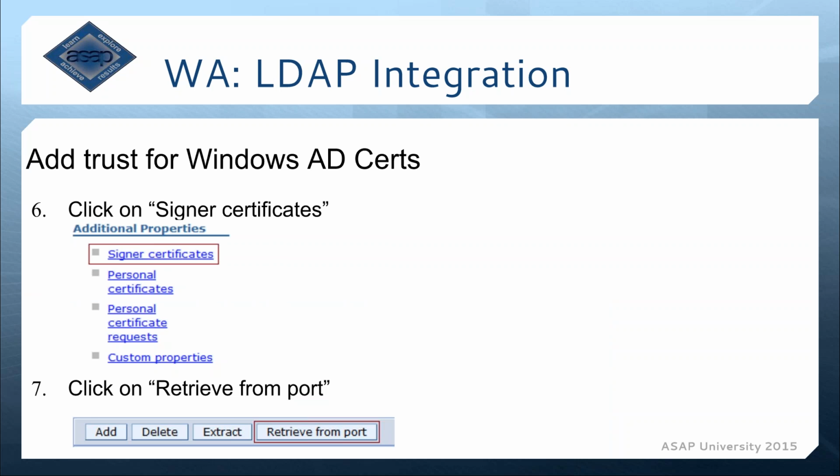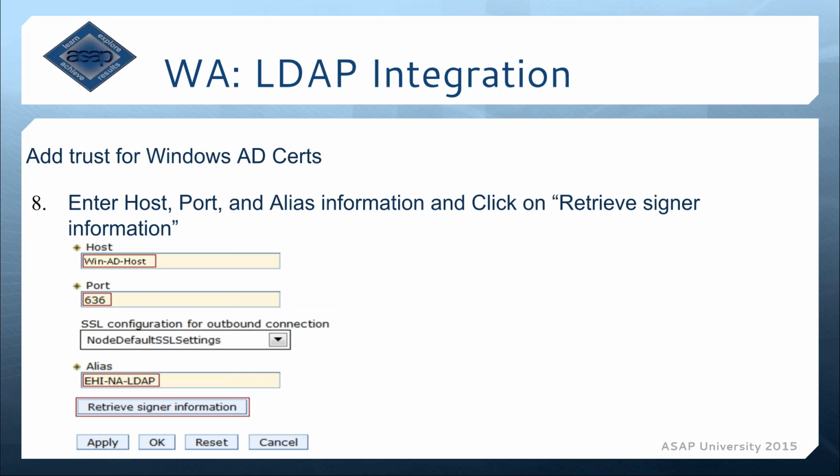You click on that, and then once you're there, there'll be a button to Retrieve from Port, and this is where you'll put in the host name of your Active Directory server.